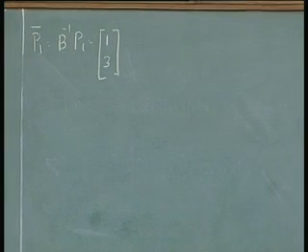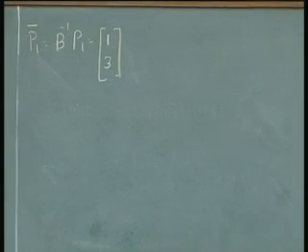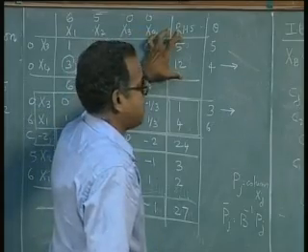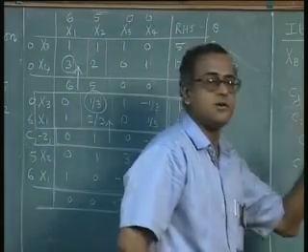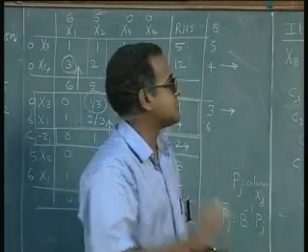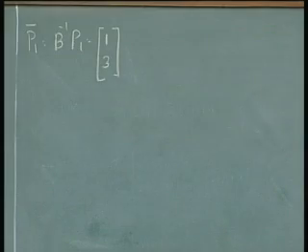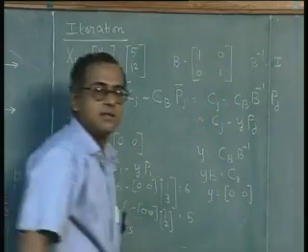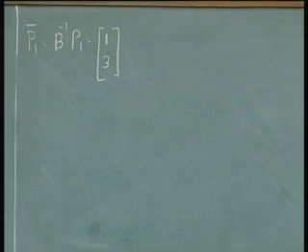Now, to find out the leaving variable we need to find out theta, as we did in this case. We have got this 1 comma 3, we have the right hand side equal to 5 comma 12. So, we need to find out theta such that, now there are two ways of doing it. One is we can say that we want to find out the minimum theta, which is 5 divided by 1 and 12 divided by 3, the minimum one will be 4, which is what we have seen here.